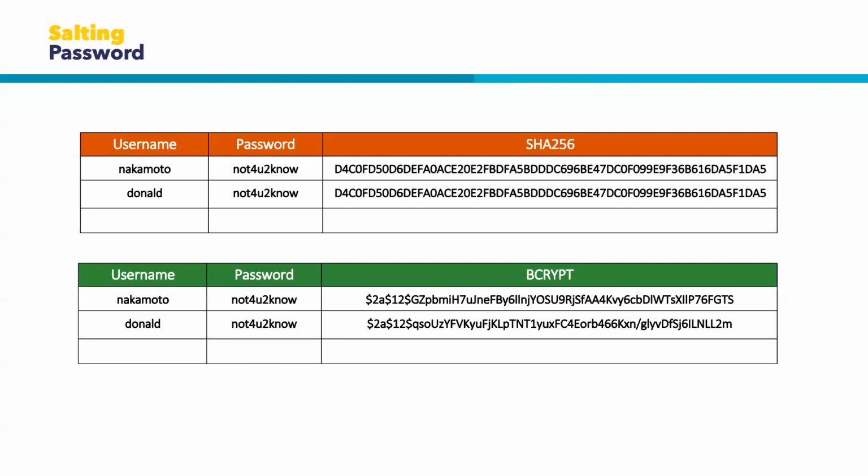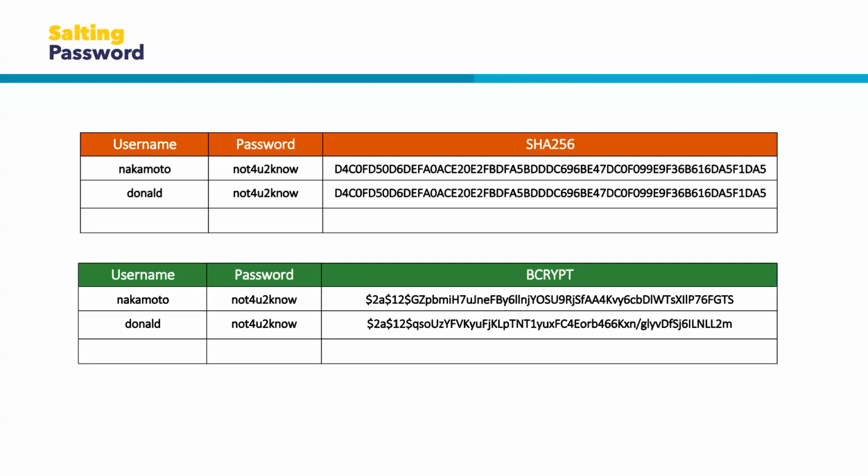The purpose of the salt is to avoid generating the same hash for the same password. It creates a random entity to generate a very unique hash even for the same password. I see. So for every user, sir, there will be a random value generated.